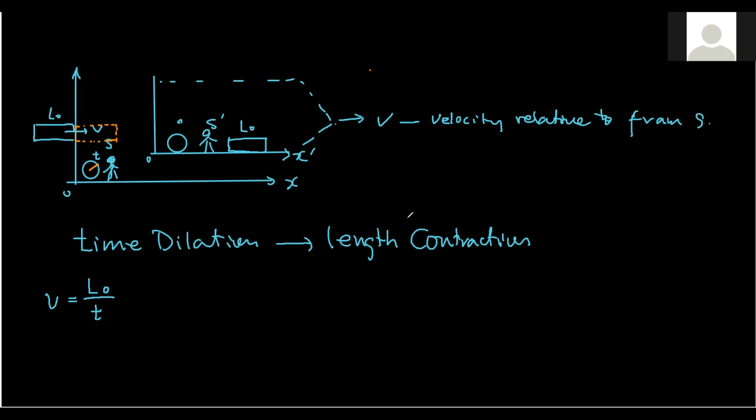On the other hand, the observer in the S prime frame can do the same measurement. This time the length of the object in this frame will be called L. He will use the same method to measure this length, but he has used his time, T prime.